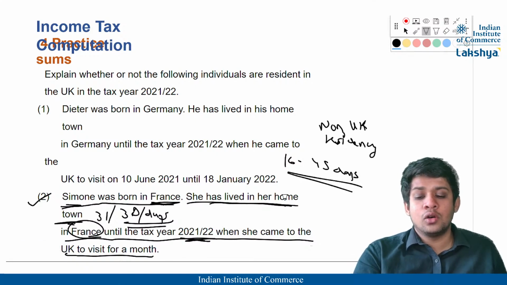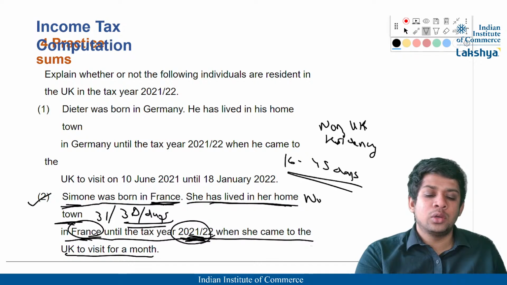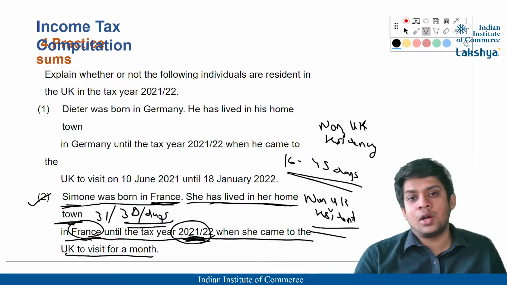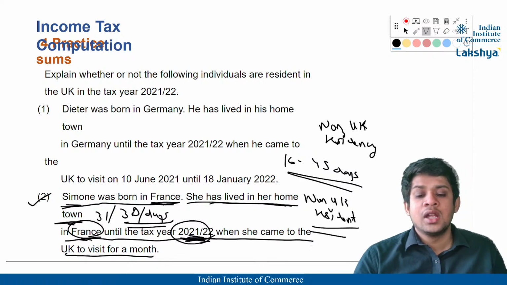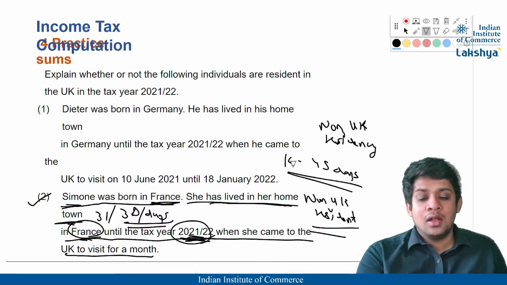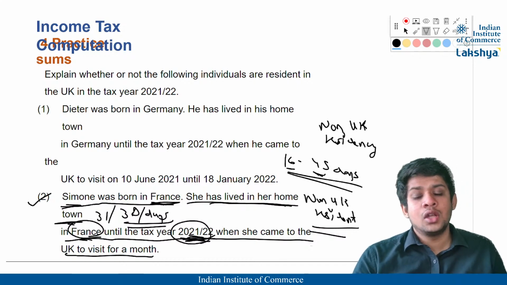So she has her hometown in France and she did not visit UK until the tax year 2021-22. So what will be her residential status for 2021-22? A non-UK resident, right? She did not visit UK in the previous years, so she must have not been a UK resident in the previous years. And this year, she stayed in the 16 to 45 days range. So that is why she will be considered directly as a non-UK resident.